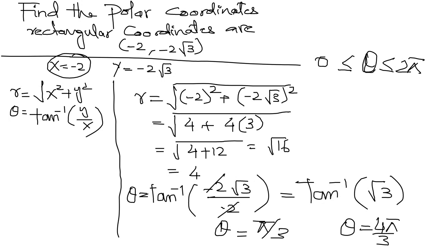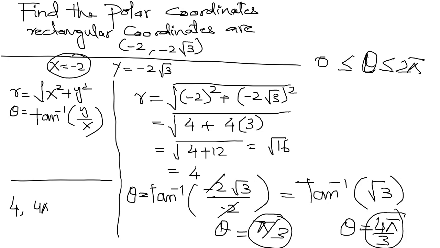So pi by 3 is 180 divided by 3, which is 60 degrees.